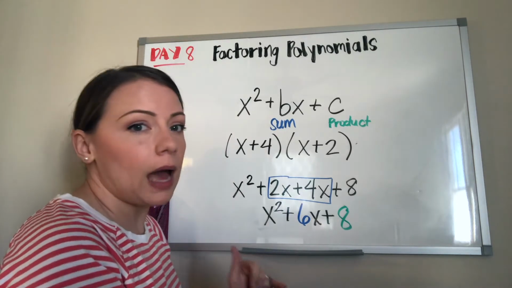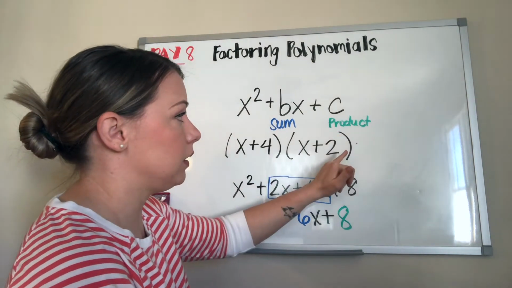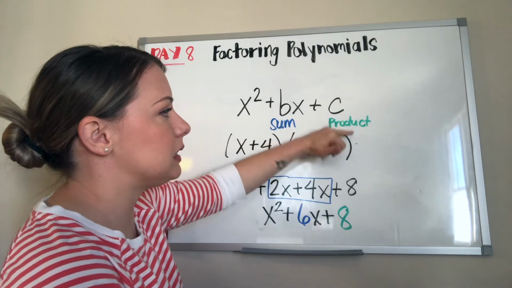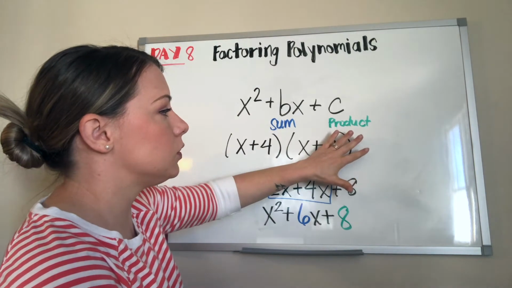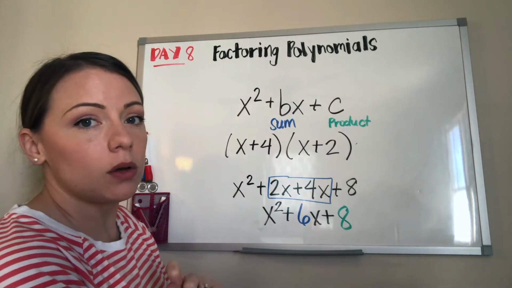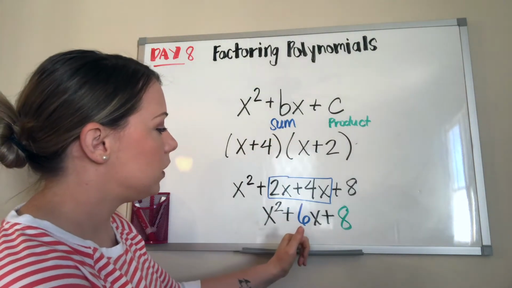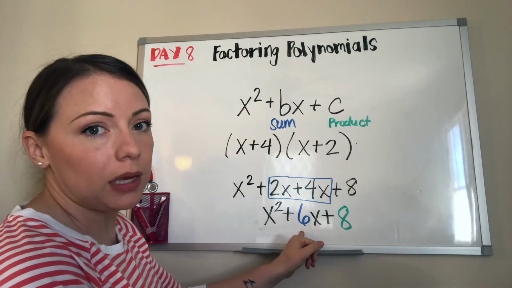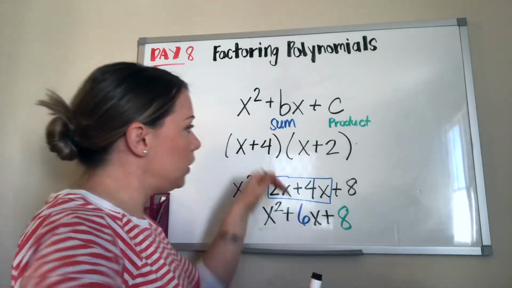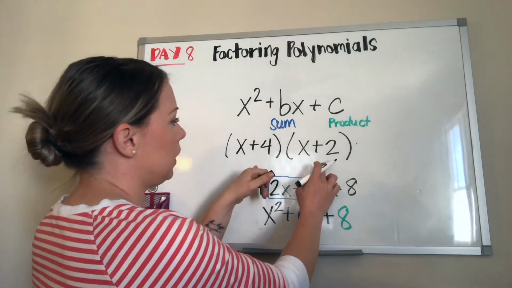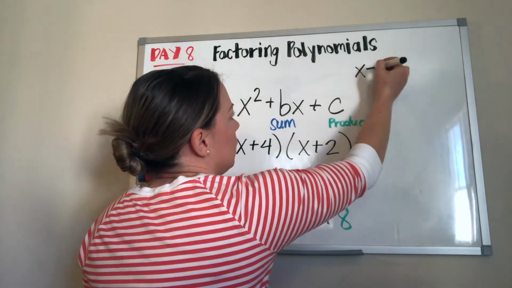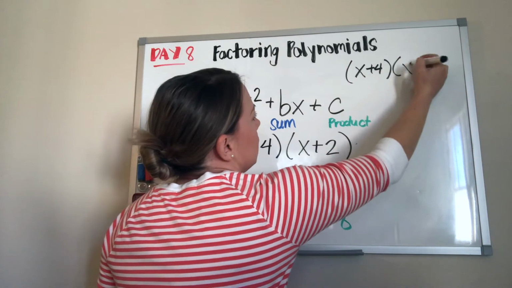In the chart, I ask that you factor out C, because the factors of C, we want to test to see which of those would, 1, be able to create this 8, but also be able to add together to create what is B. So let's give that a try. We already know that the answer to this polynomial is x plus 4 times x plus 2. Let me write this up here in the corner.